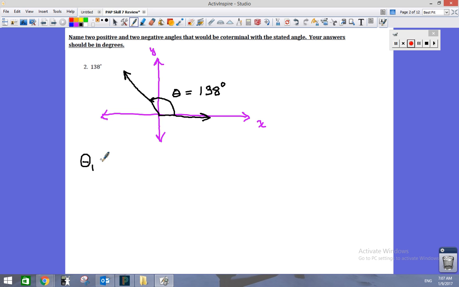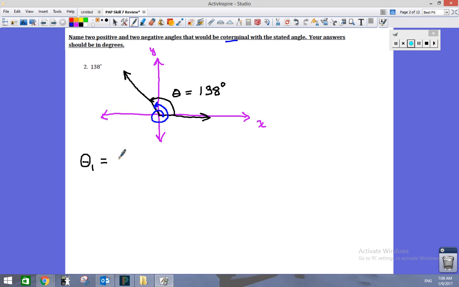If I have an angle that is coterminal to this 138, I could rotate one complete revolution and then 138 more, and this ray here would be the initial side, and my terminal side is the same as the 138. And that's what's always going to be true with coterminal angles. They have the same initial side and the same terminal side when you draw them in standard position.